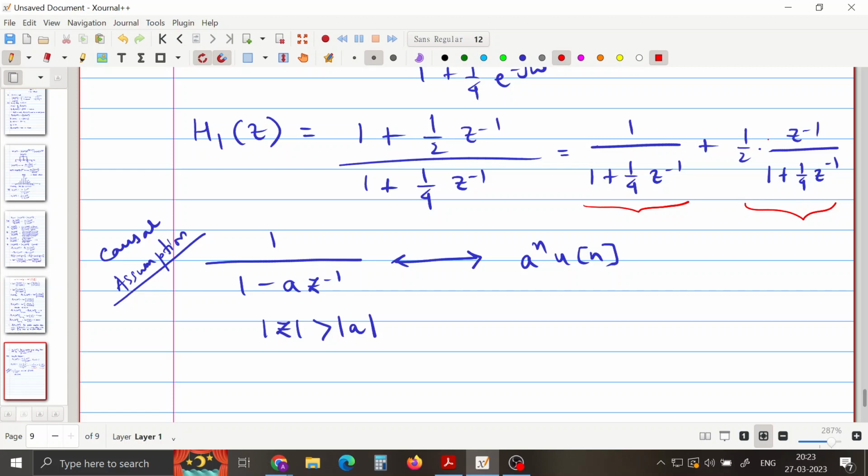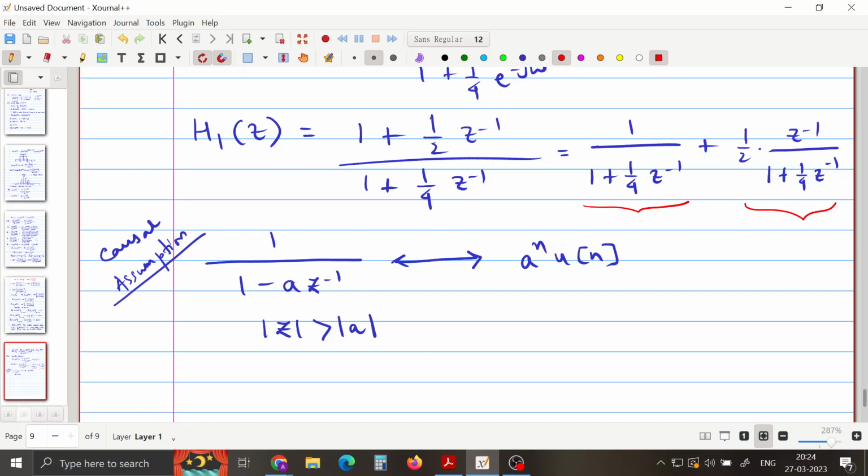So in the Z domain, whenever we have a multiplication by Z inverse, it translates to a delay in the time sequence, which is, if initially you had x of n, you will now have x of n minus 1 because you have a multiplication by Z inverse. If you had multiplied with Z, then you would have got x of n plus 1, a time advancement. But here it translates to a time delay by 1 unit.